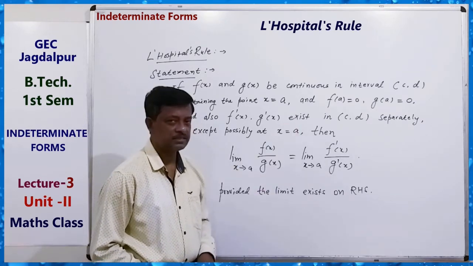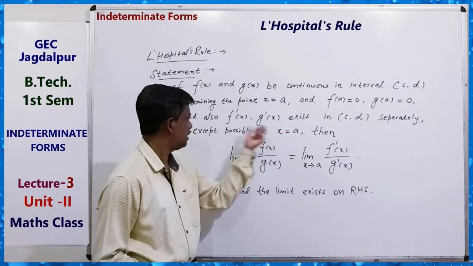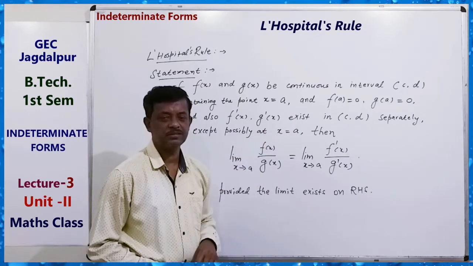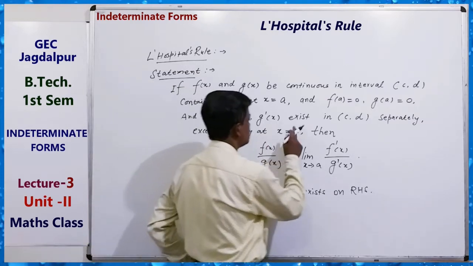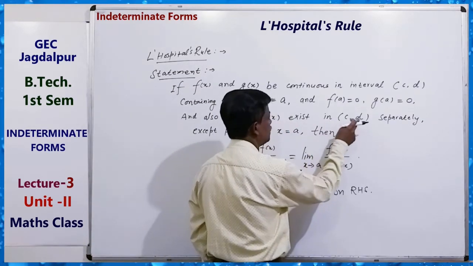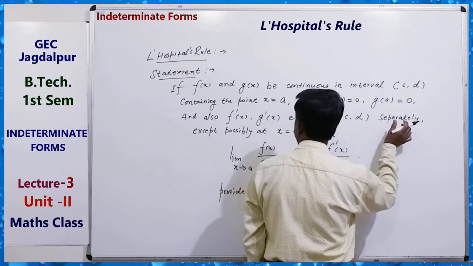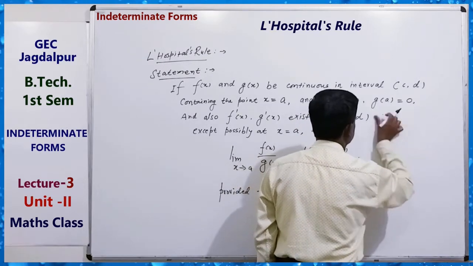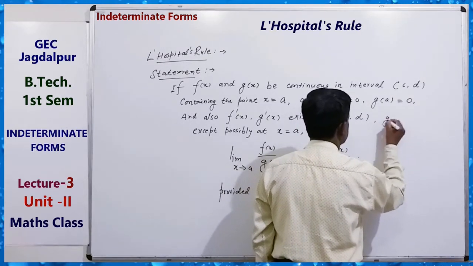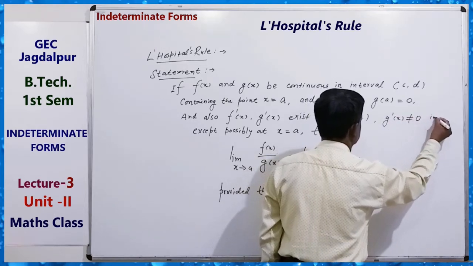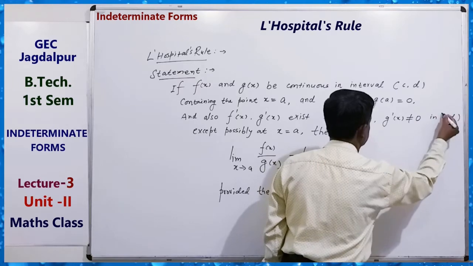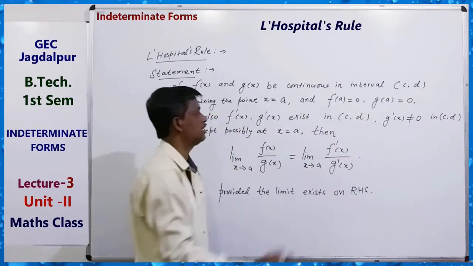The derivatives exist, possibly except at x equal to a. Also you have to write here that g'(x) is not equal to 0 in [c, d], except possibly at x equals a.